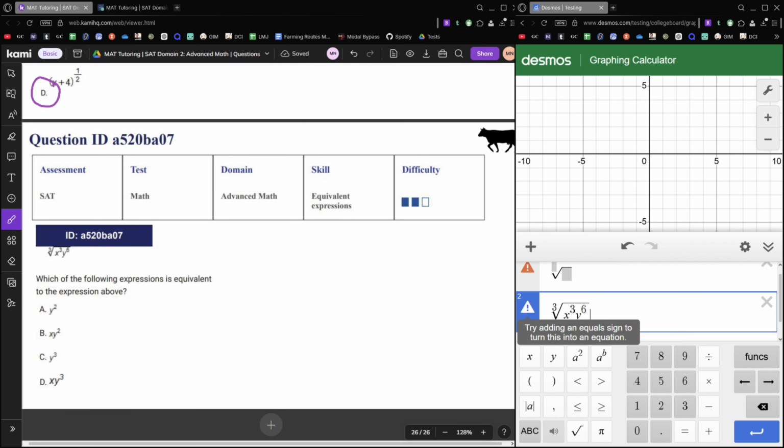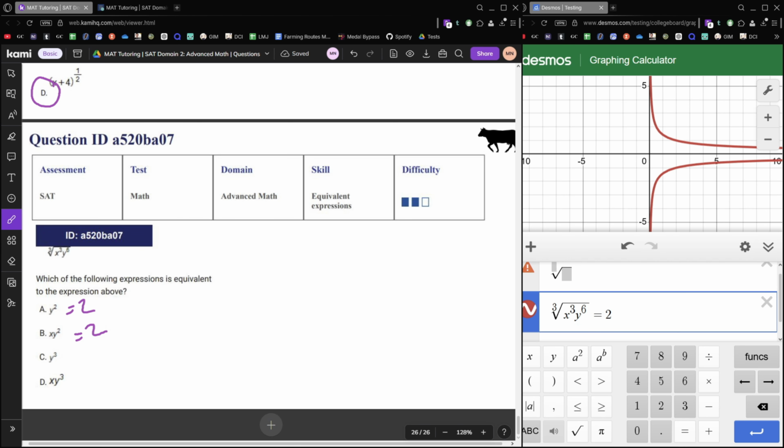They say, try adding an equal sign to turn this into an equation. Alright, sure, why not? Let's say this is equal to 2. And you get this graph. Don't worry guys, as long as you put equals 2 after each of these answer choices, it should still work completely fine. The equivalent expressions should still have the exact same graph as this one we have right here.